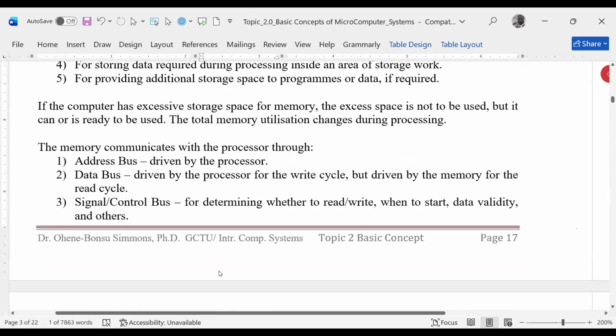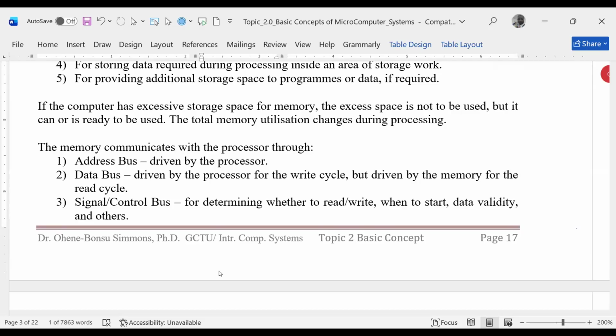The memory and the processor communicate through what is called a bus. The bus is a component in our field that connects internal devices together. The bus here is like a lane, the road that connects one town to another, one city to another.